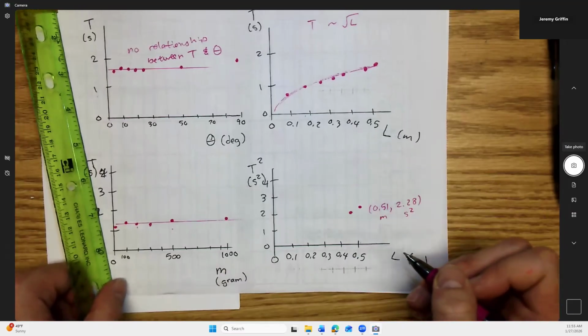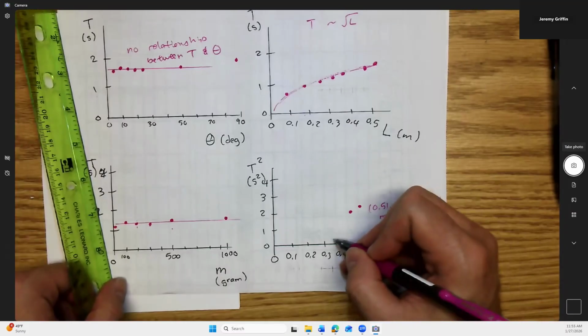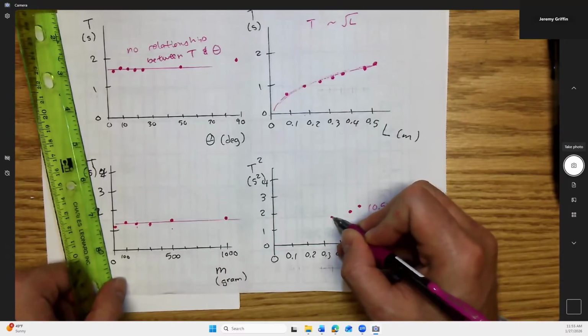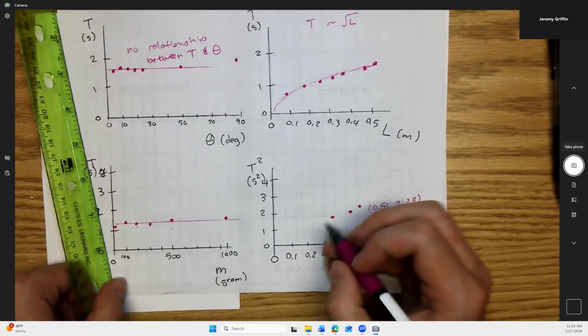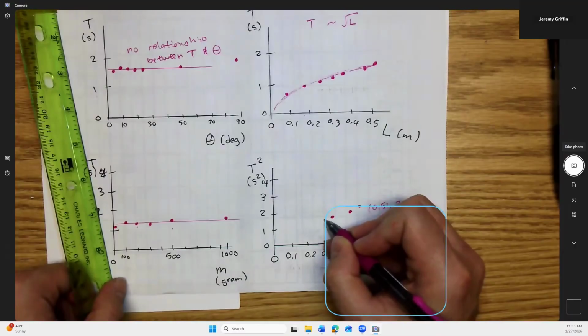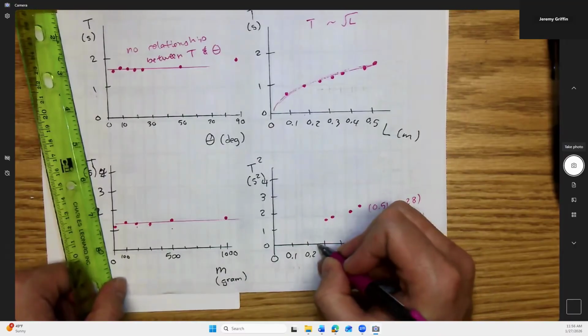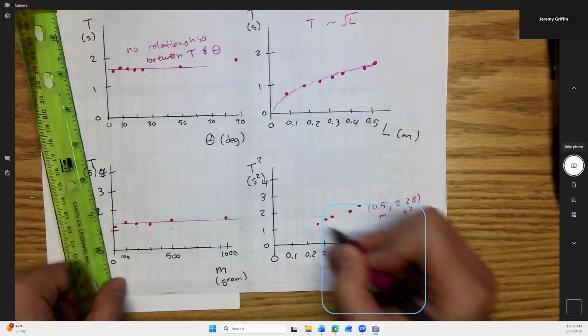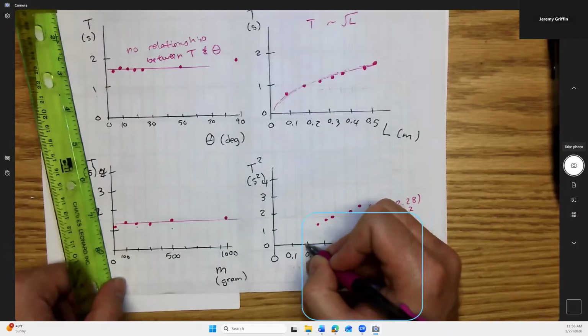Okay, next point. 0.35, 1.66. Right about there. 0.31, 1.42. Okay, next point. 0.26, 1.21. 0.18, 0.98.